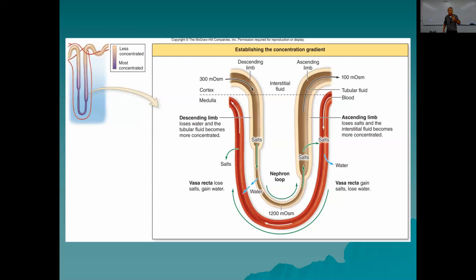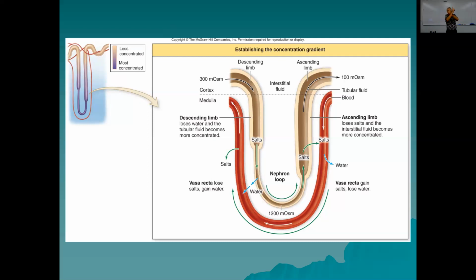So the efferent arteriole breaks up into the peritubular capillaries that surround the PCT and DCT. It also breaks up into the vasa recta that surrounds the nephron loop. And it goes in the opposite direction of the fluid that's in the nephron loop.